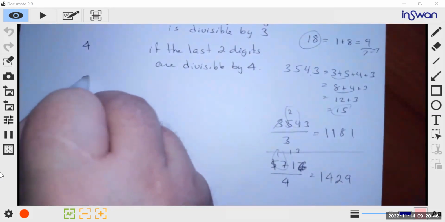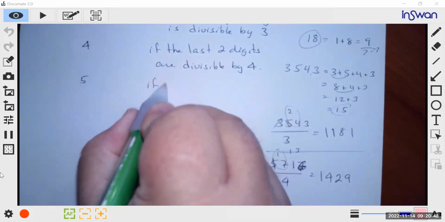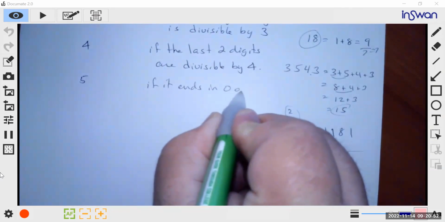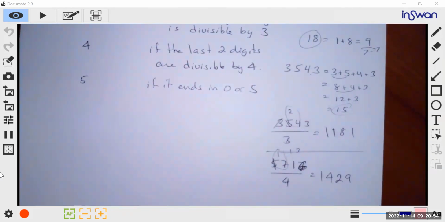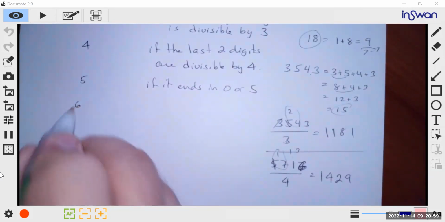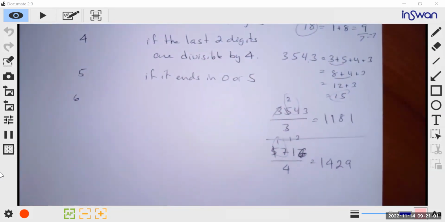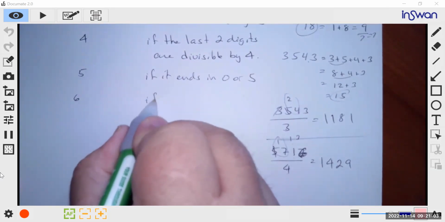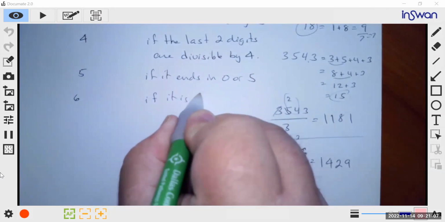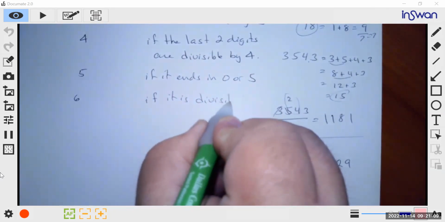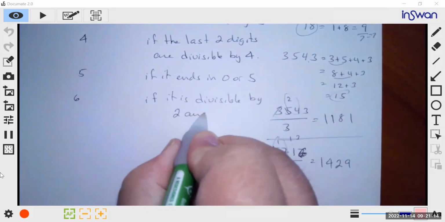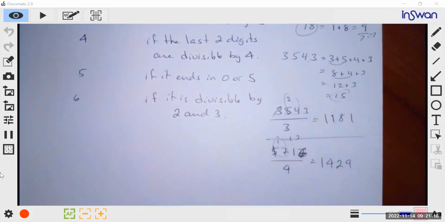A number is divisible by 5 if it ends in 0 or 5. A number is divisible by 6 if it is divisible by 2 and 3.